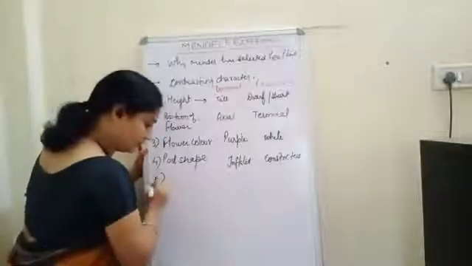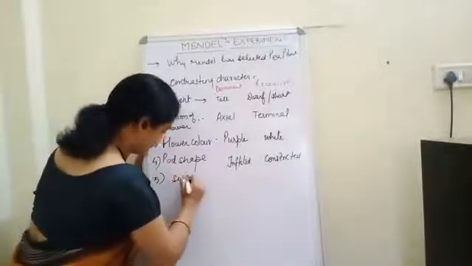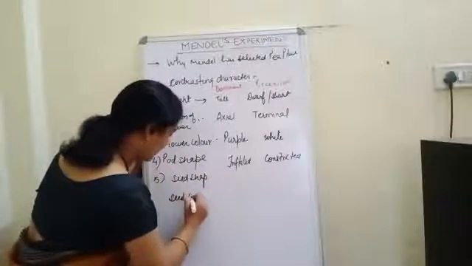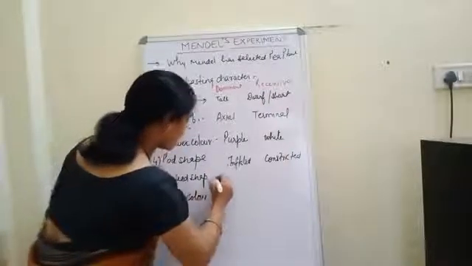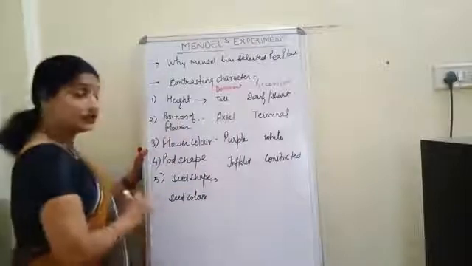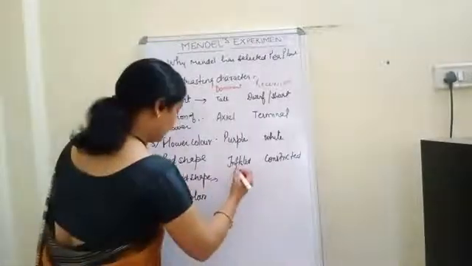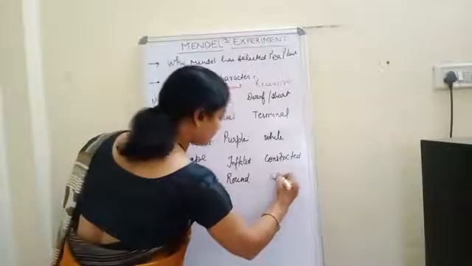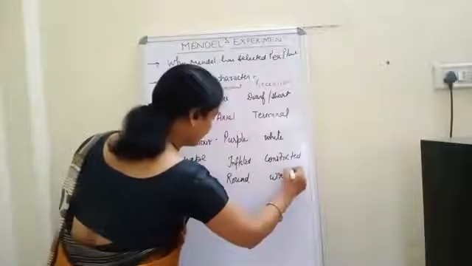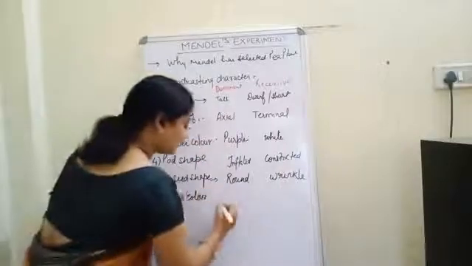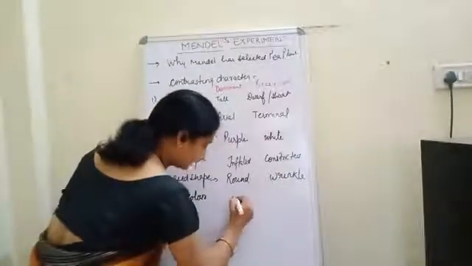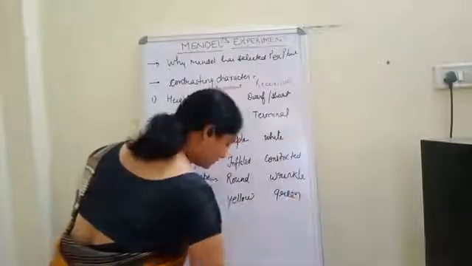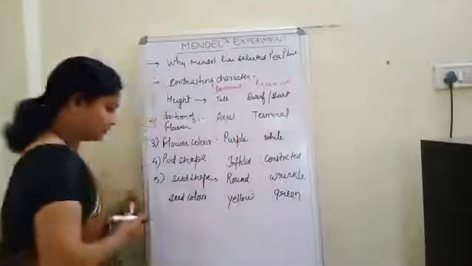Then, point number 5: seed shape and seed color. What was the seed shape? The shape may be round or wrinkled. The seed color was either yellow or green. Clear?